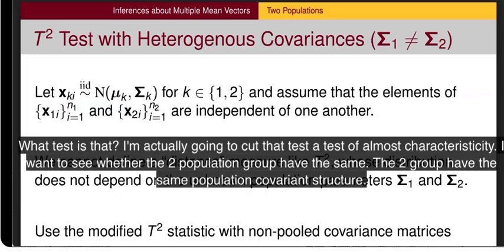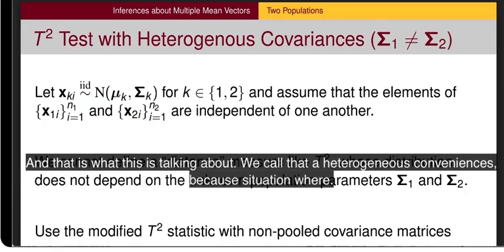What test is that? I'm going to call it a test of homoscedasticity. I want to see whether the two groups have the same population covariance structure. And that is what this is talking about. We call that heterogeneous covariances.